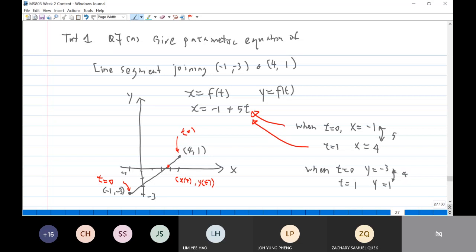So start with when t is 0, you can say y equals -3, then try to fit the data. When t equals 0, you get -3. Then 4t, when t equals 1, you get 4. 4 minus 3, you get 1, right? So just nice. Okay, this goes inside there.